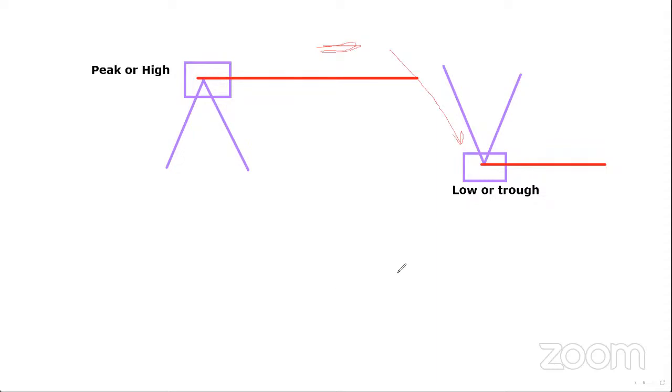If the price of the market right now is here, all of these levels are resistance levels. That's it. This is the easiest way to explain support and resistance levels.